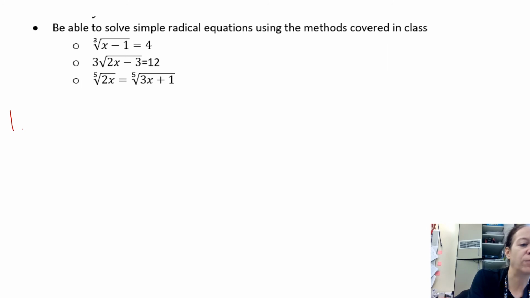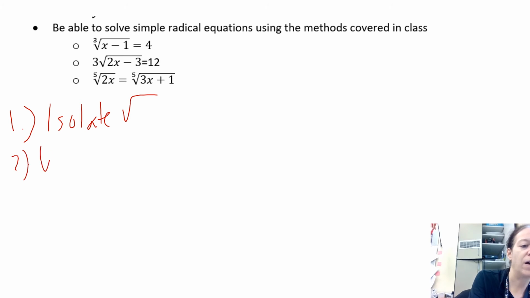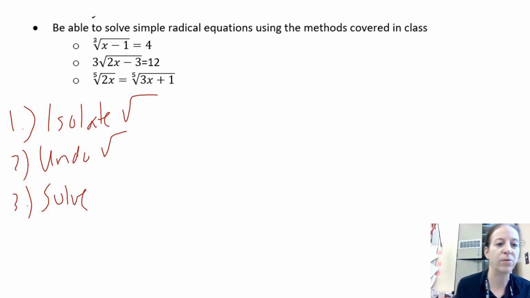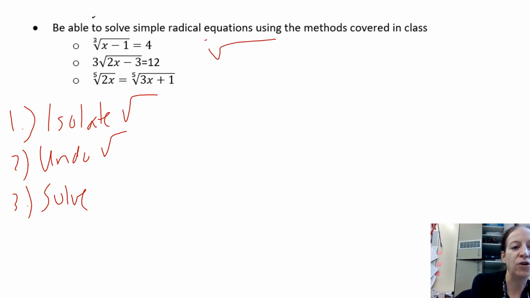So in class, we went over a 3-step strategy that looked like this. Isolate the radical, undo the radical, and then solve the resulting equation, which in this case is going to be linear. I'm not slamming you with anything that's not linear. So for this first one, we have the cube root of x minus 1 equals 4.